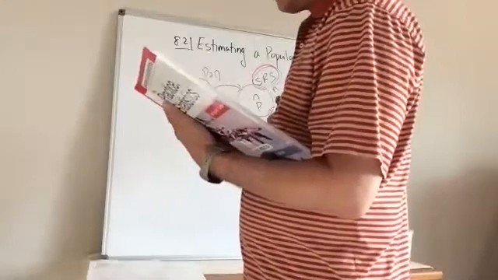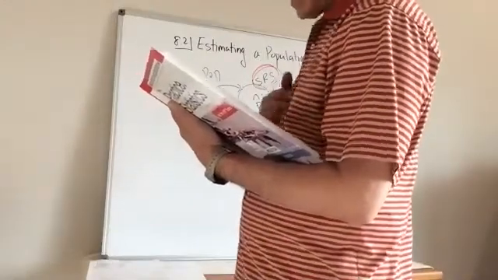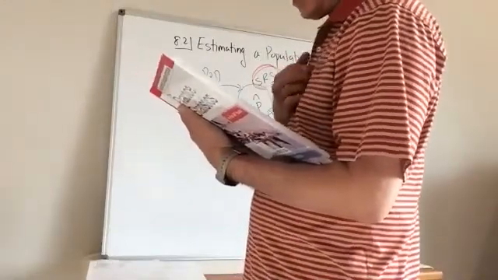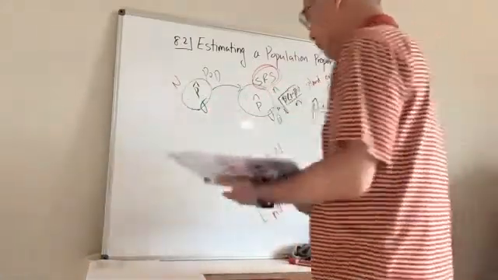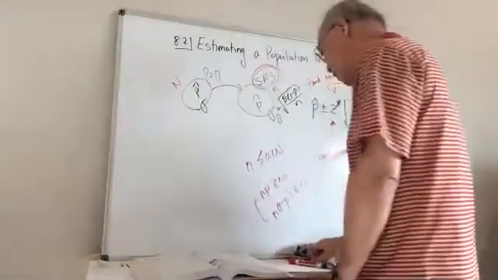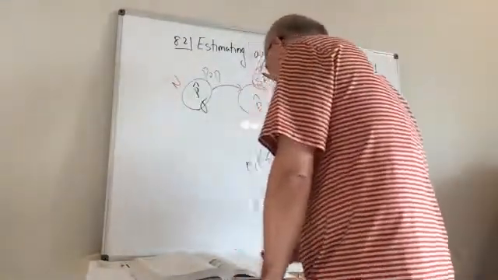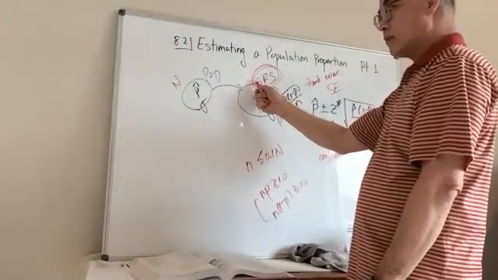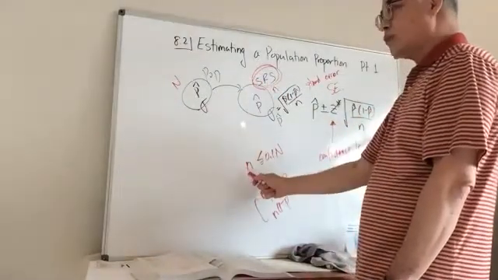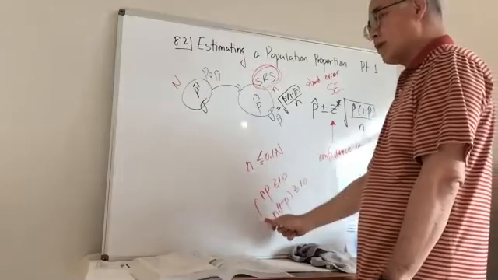Now, if you go to page 513, there's that standard error thing we talked about. In the green box underneath, it says conditions for constructing a confidence interval: 1, simple random sample; 2, less than 10%; 3, large count.